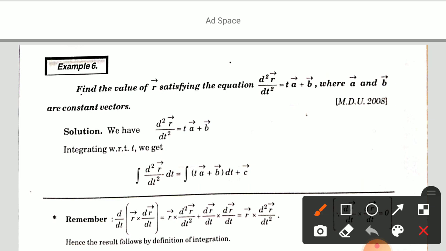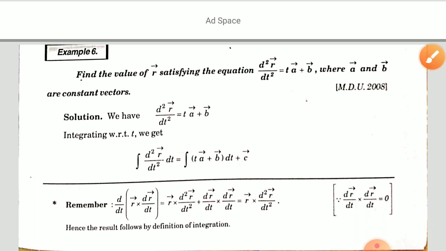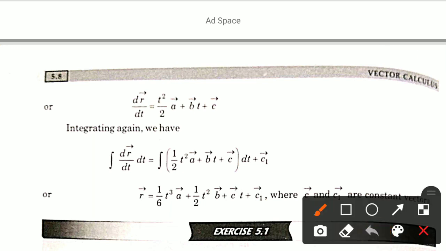Now example number 6. Find the value of r satisfying the equation d square r by dt square is equal to ta plus b, where a and b are constant vectors. Now for the solution, we have d square r by dt square is equal to ta plus b. Integrating with respect to t, we have the integration of d square r by dt square dt is equal to the integration of ta plus b dt plus c, where c is a constant of integration, or dr by dt is equal to t square by 2 a plus bt plus c.